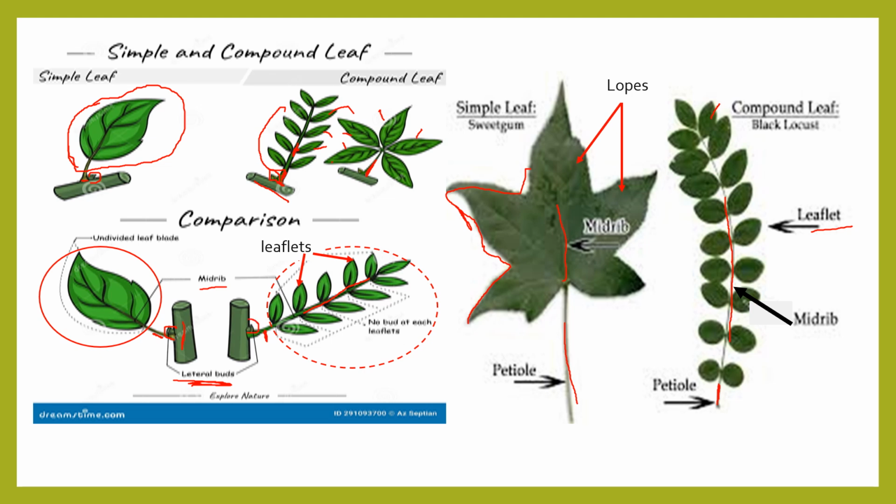So you can find this bud at the point of attachment of the petiole with the stem, but you cannot find this bud in the leaflets. The leaflets have no bud. So this is a compound leaf, and this also is a simple leaf.